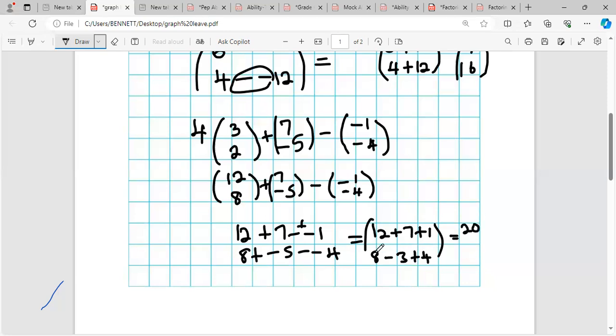And for this one, it is 5. I think my brain is telling me the answer. So it will be 8 minus 5, which is 3. Positive 3 plus 4, 7. So this would be the answer. 20 and 7.